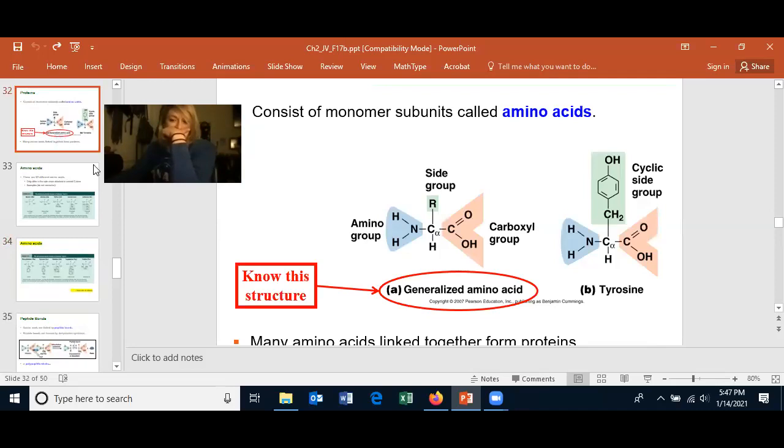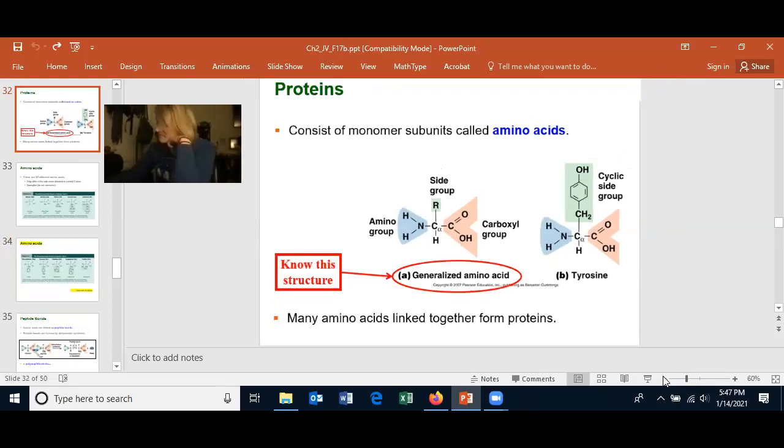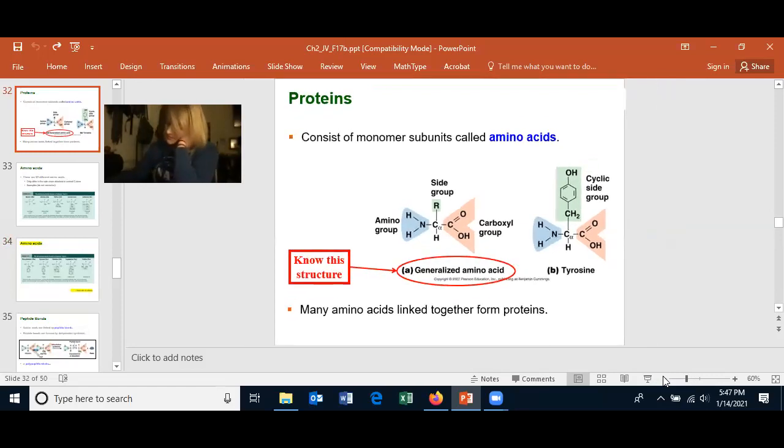When we're talking about amino acids, you should realize that all amino acids are polar. The amino group and the carboxyl group are polar, and some of the R groups have at least polar regions, like on this amino acid, the OH group of this R group is polar, although that portion of the R group is nonpolar.